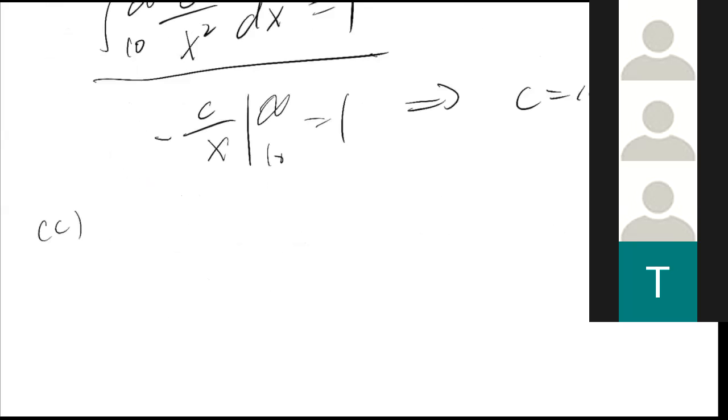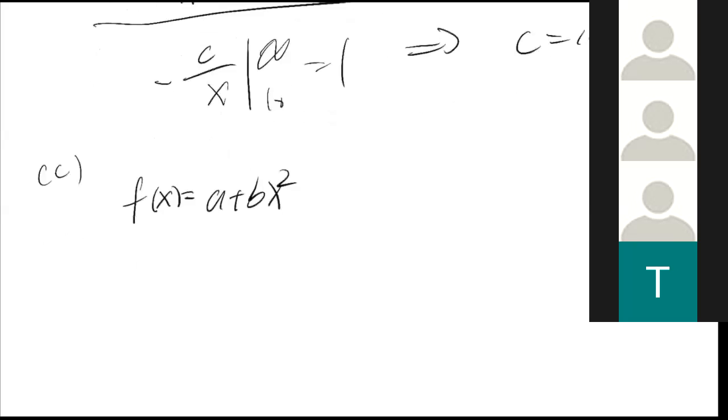For part C, this is a little bit trickier. It includes two variables. f(x) is a plus b x squared, and only 0 to 1 is what we are concerned with when x is non-zero. So we need to write out two equations. The first one is that we are given the expectation of x is 3 over 5.